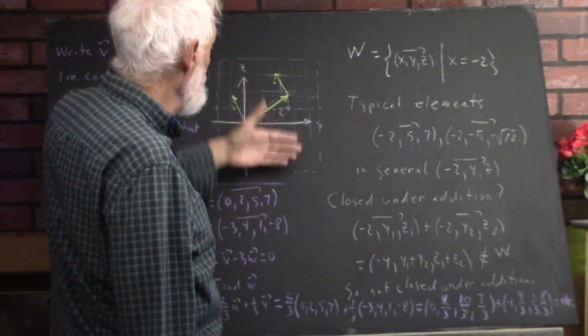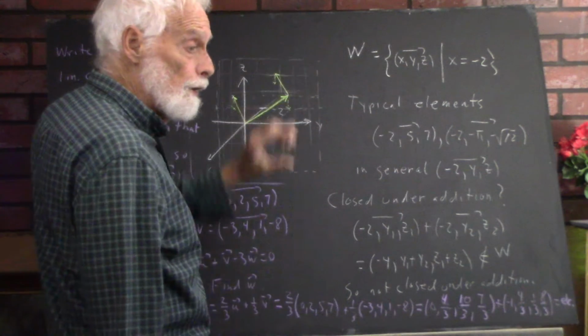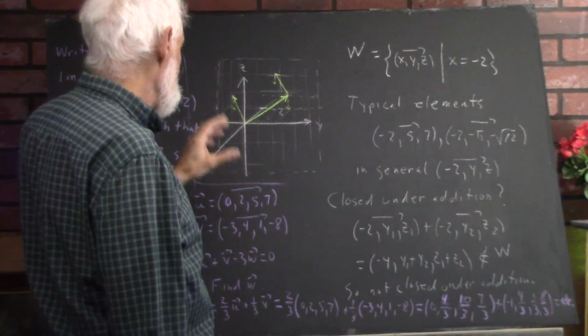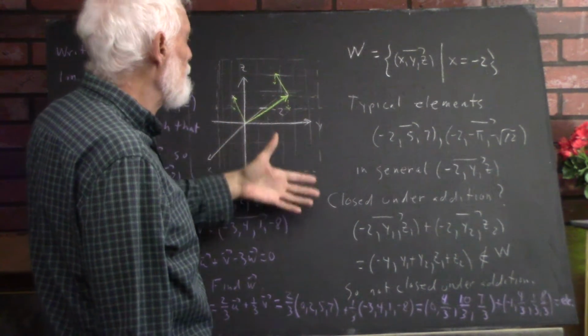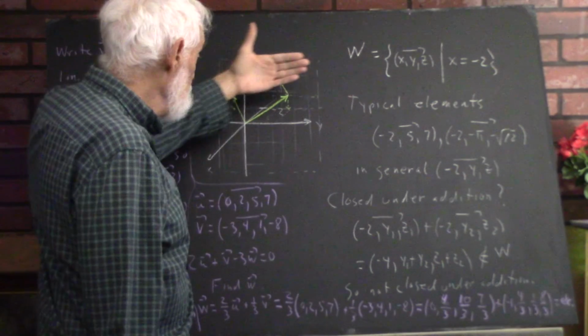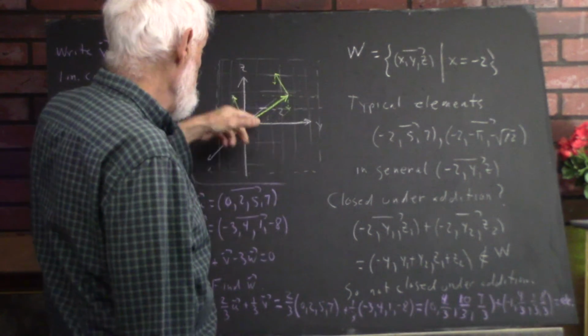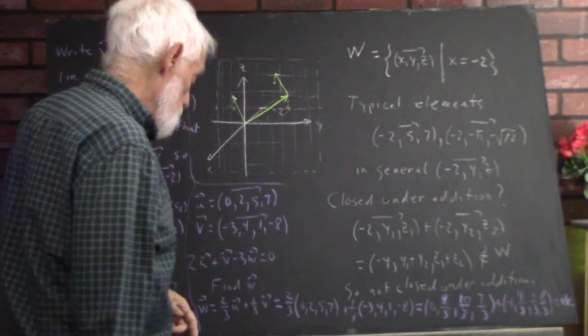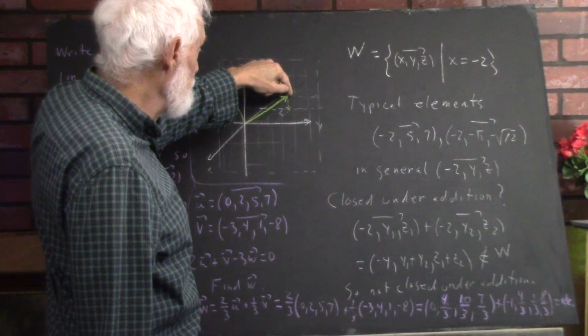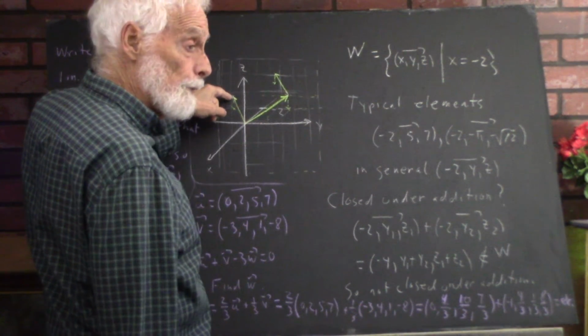So you have this whole plane sitting back 2 units on the x-axis, intersecting the x-axis. It's a plane parallel to the yz plane, sitting 2 units back on the x-axis from the origin. Now we can have a couple of vectors: a vector out to this point of the plane and a vector out to this point of the plane.